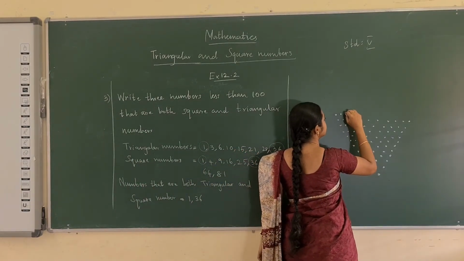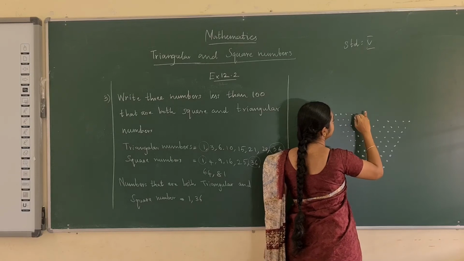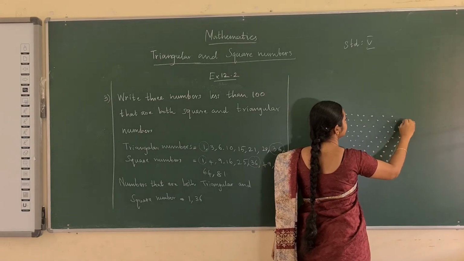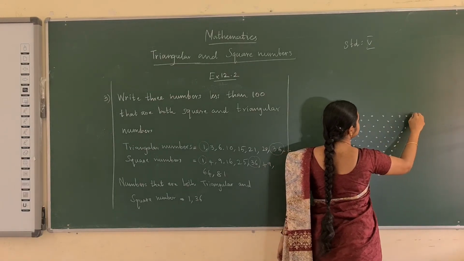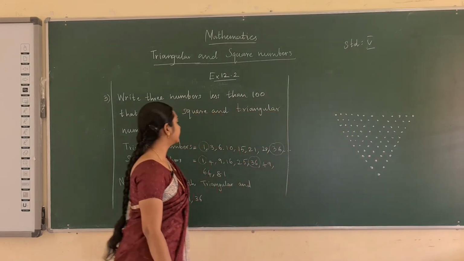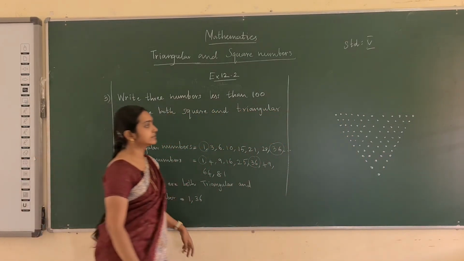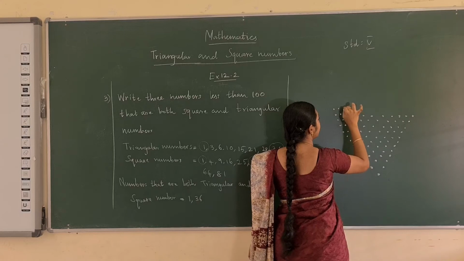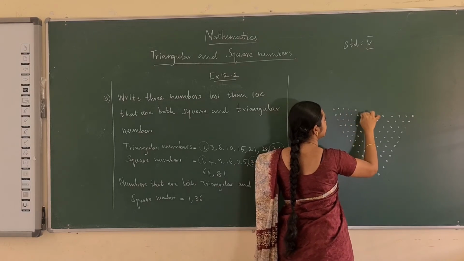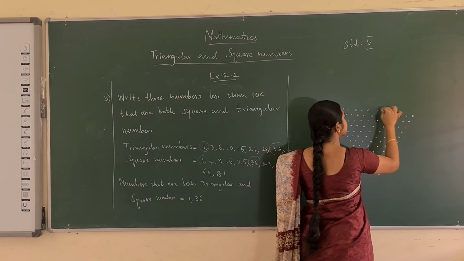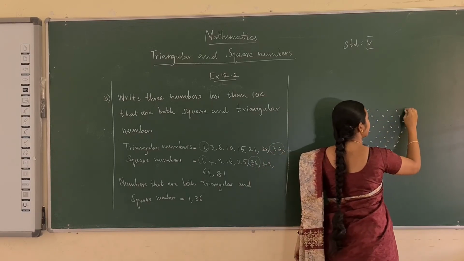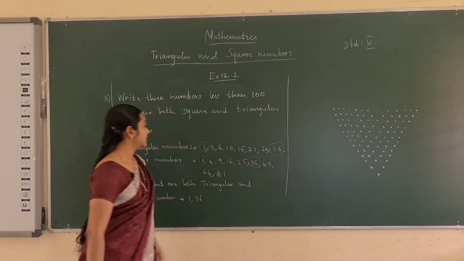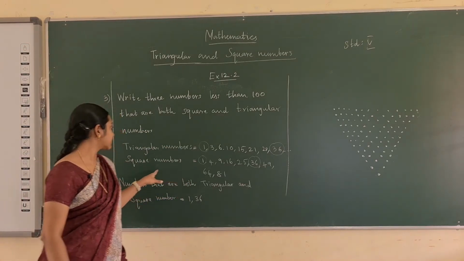67, 68, up to 78. 78 is a triangular number, but 78 is not a square number. 79, 80, up to 91. 91 is a triangular number, but 91 is not a square number.